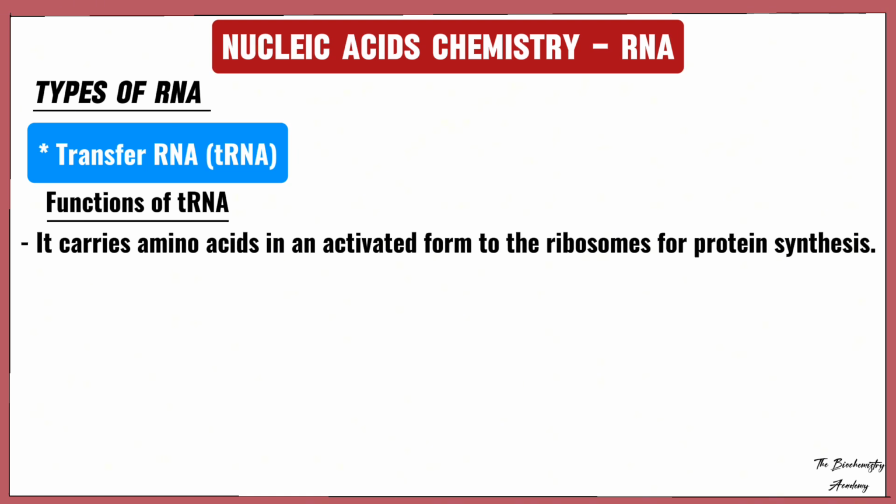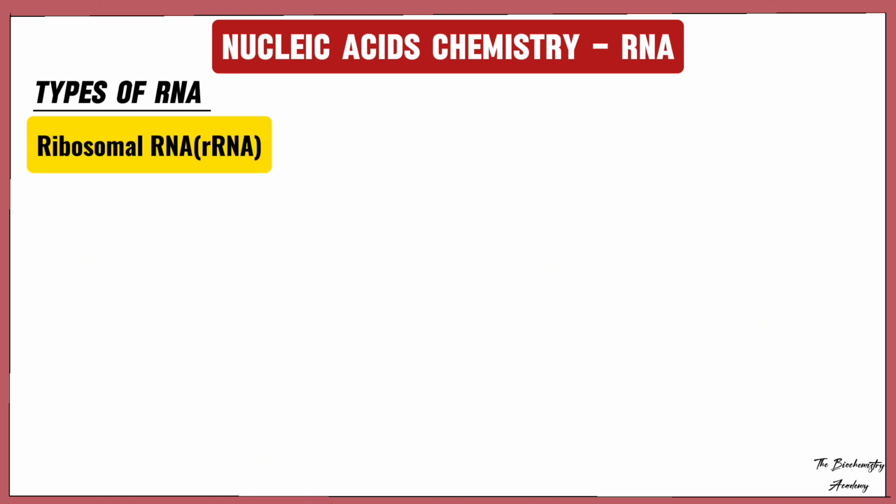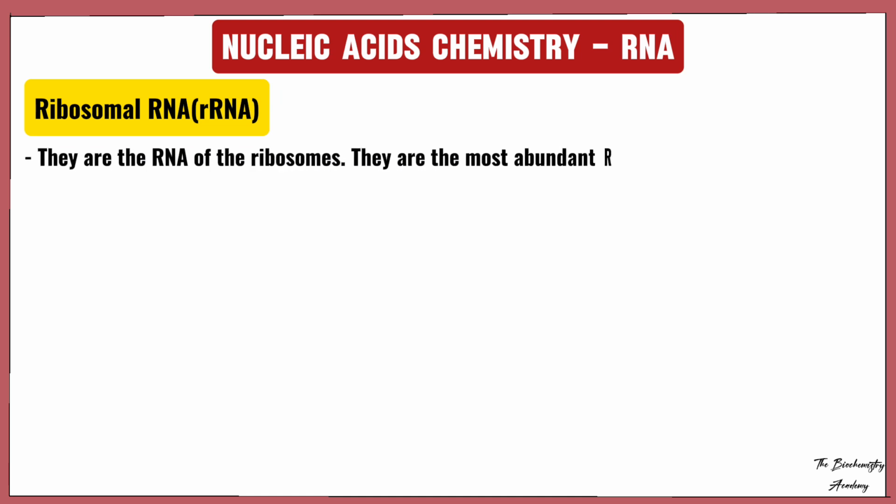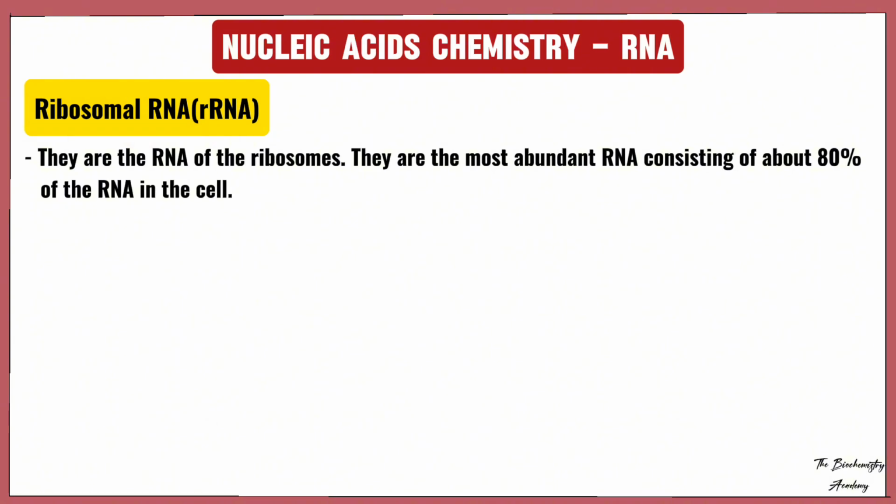Next, we will talk about ribosomal RNA, also known as rRNA. Now, as the name suggests, they are the RNAs of the ribosome, meaning that they are the most abundant RNA, around 80% of the RNA.